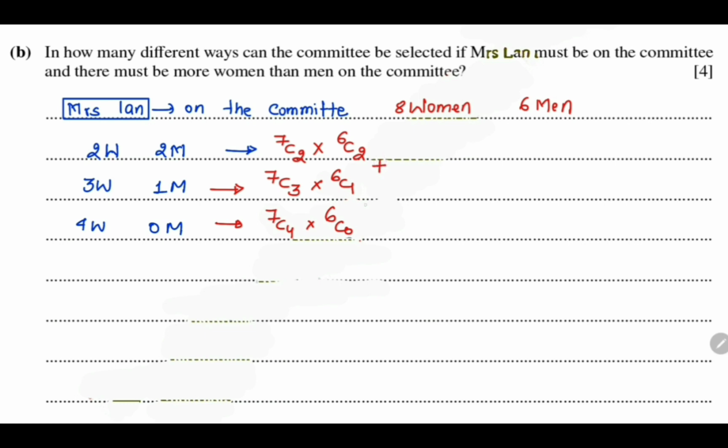So now we will add all these arrangements and we will get our final answer. You can do this calculation by the calculator. So let's move to the next question.